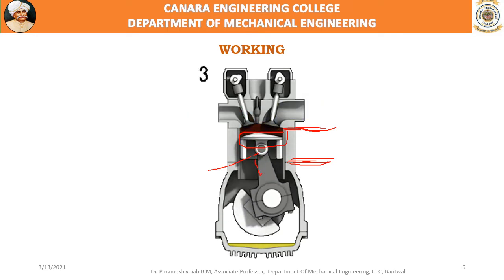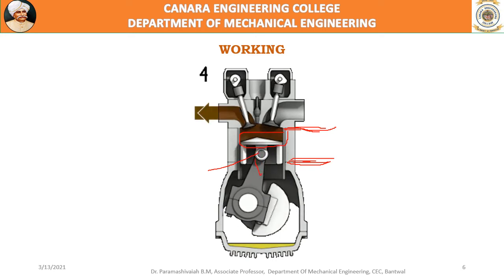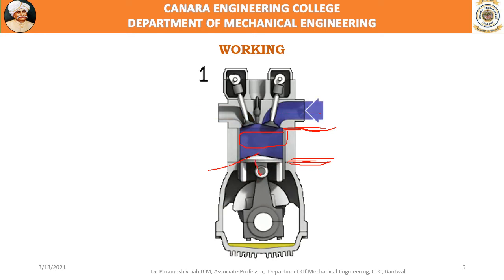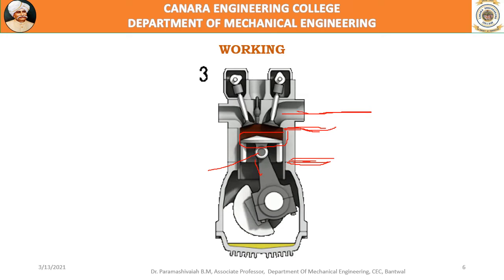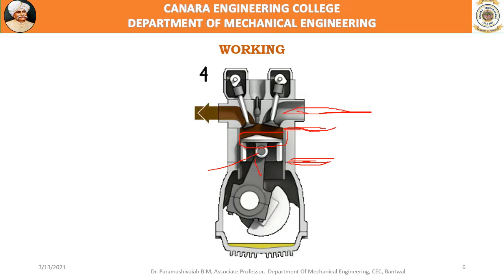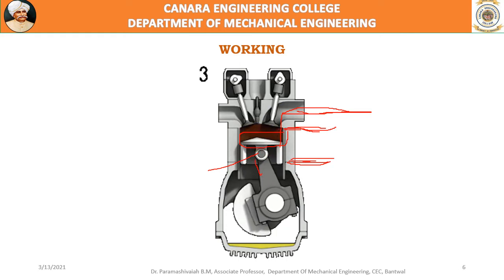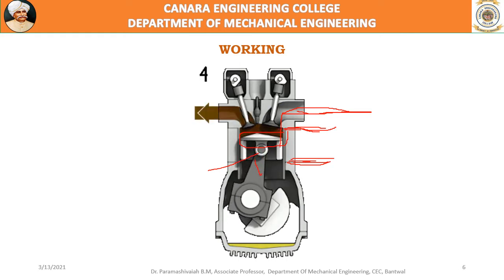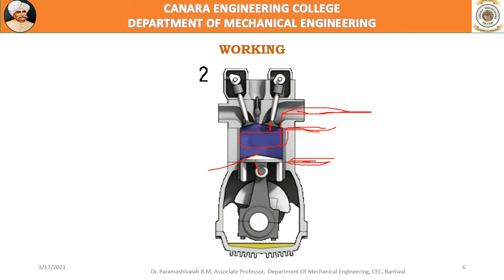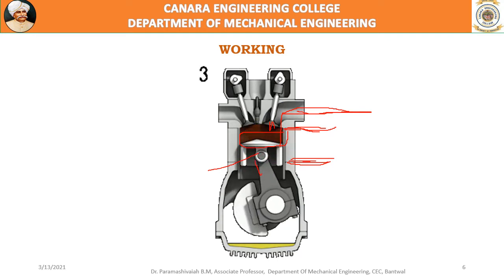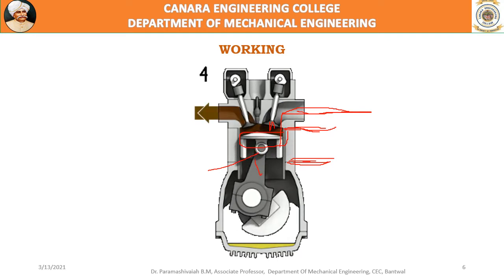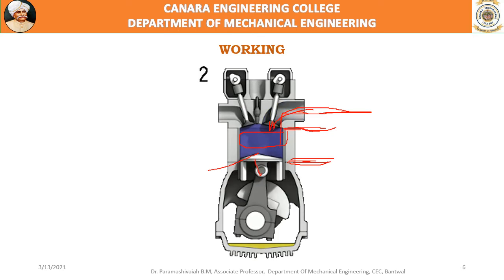So then it consists of this inlet manifold, through which air fuel mixture is drawn into the cylinder. For drawing that, there is a valve. This is the inlet valve, through which air fuel mixture is drawn into the cylinder.